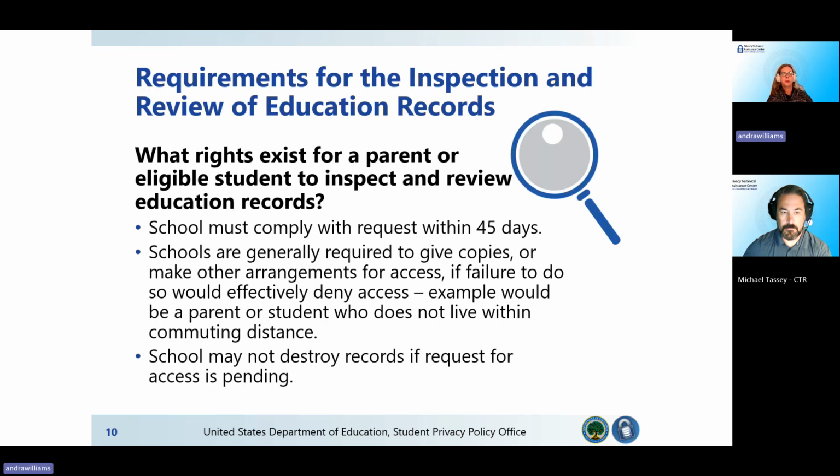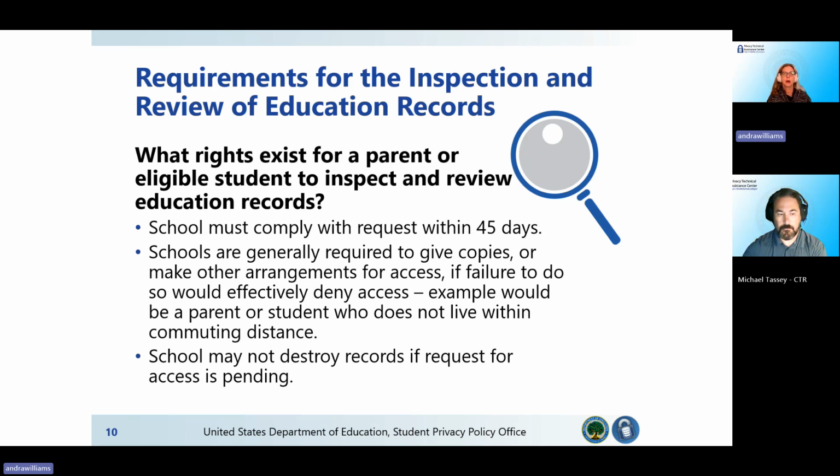And remember, one of those basic rights under FERPA is for the parent or eligible student to inspect and review the education record. So there are some requirements around that. School must comply with the request to inspect and review the education record within 45 days under FERPA, although it's important to be aware of state or local laws that may have a shorter time frame. Schools are required to provide access, not provide copies of the record, unless the failure to do so would effectively deny access to the parent or student.